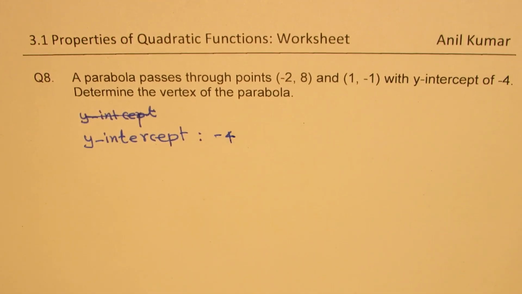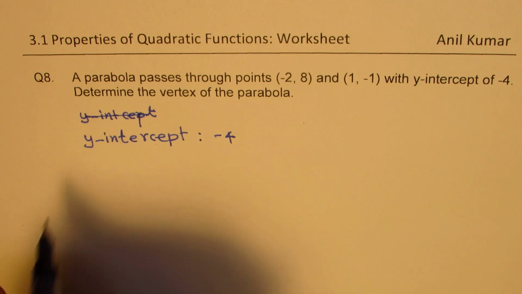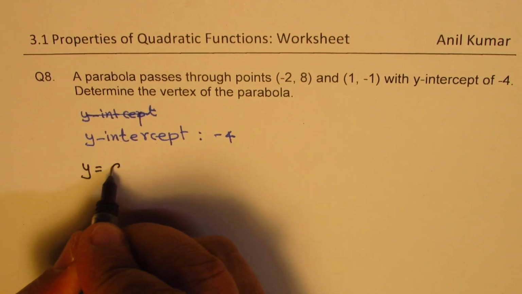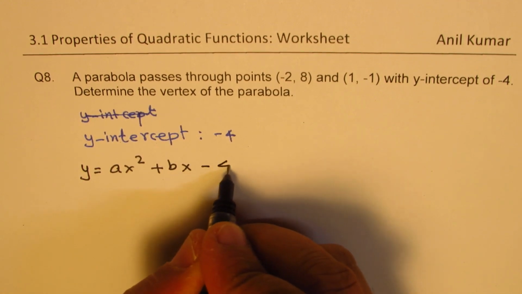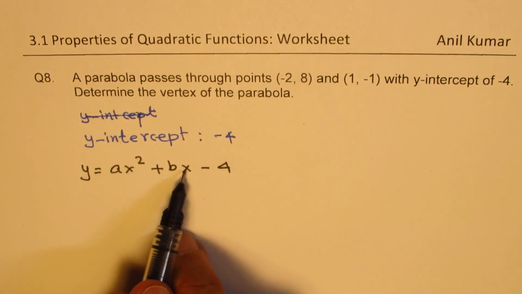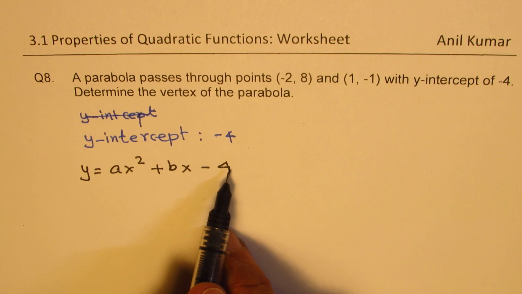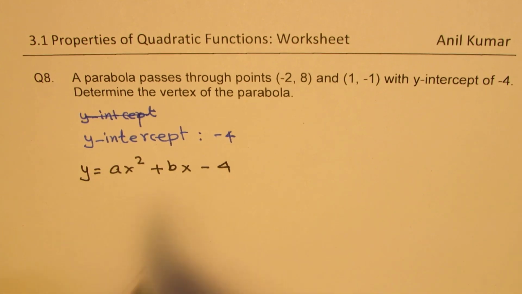It means the equation should be what? The equation has to be y equals ax squared plus bx minus 4, right? So if I substitute 0 here, we get y-intercept of minus 4. Standard form gives you the y-intercept.